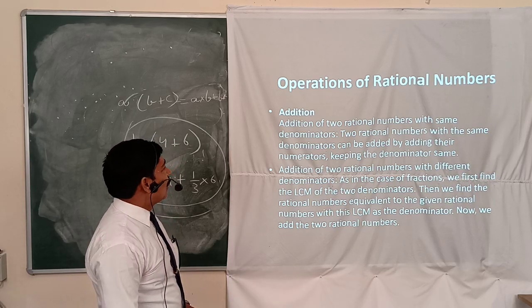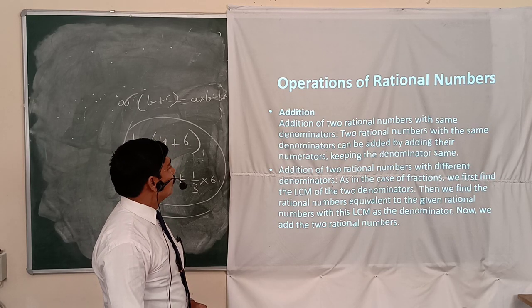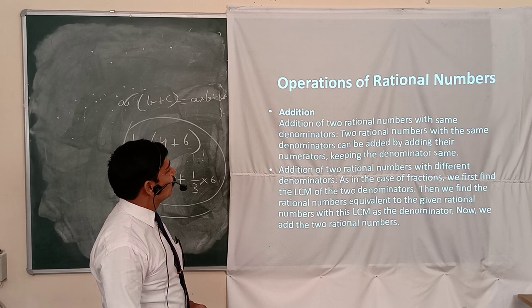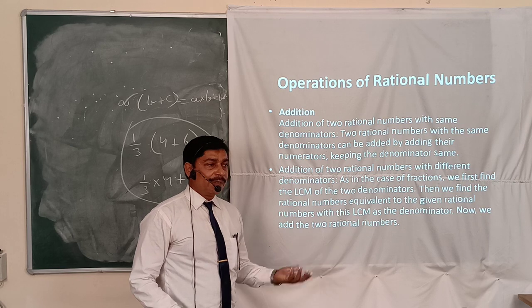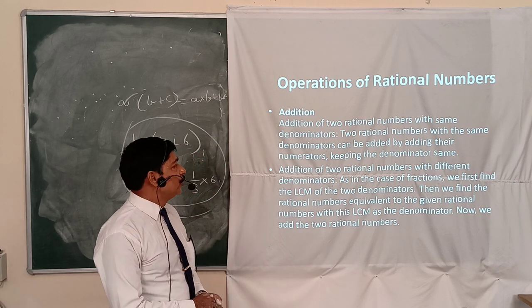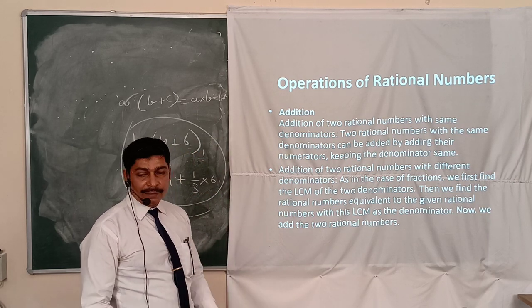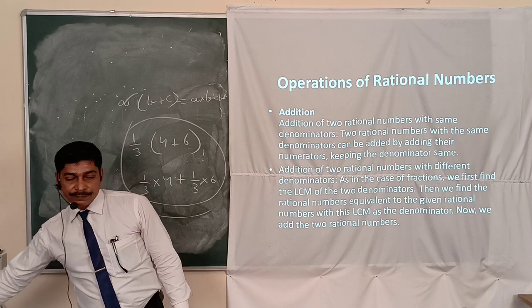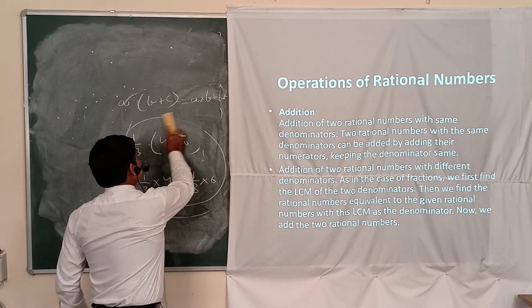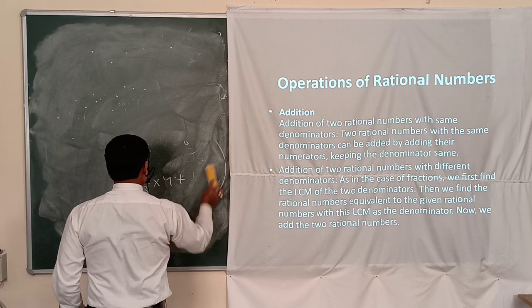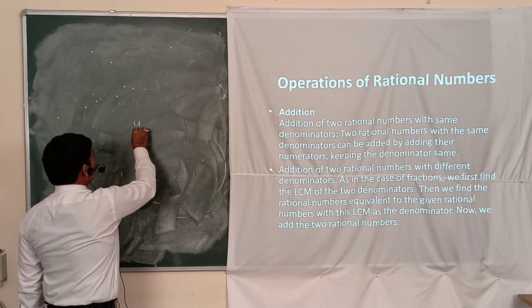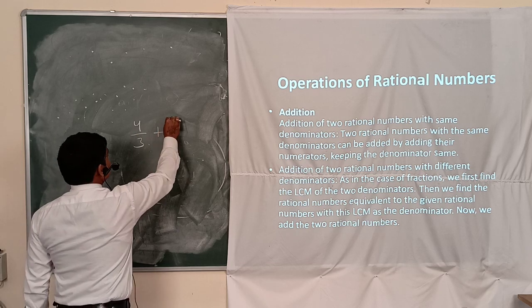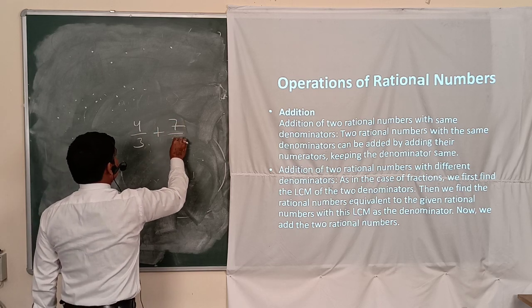Now, after this, the operations on rational numbers: addition of 2 rational numbers with the same denominator. If you have to add 2 rational numbers and their denominators are the same, in that case, we take 2 numbers, 4 by 3 plus 7 by 3.